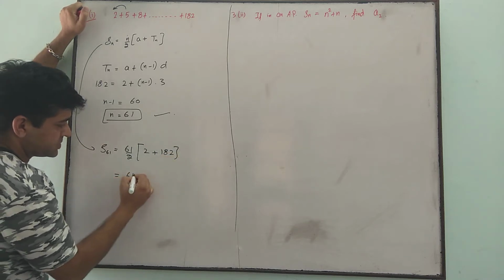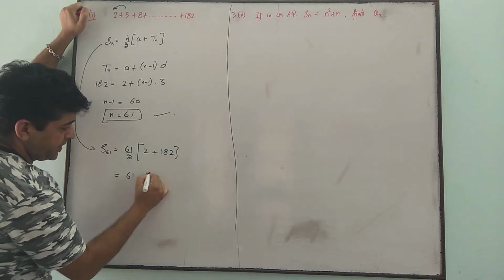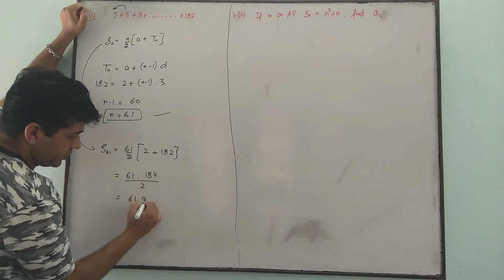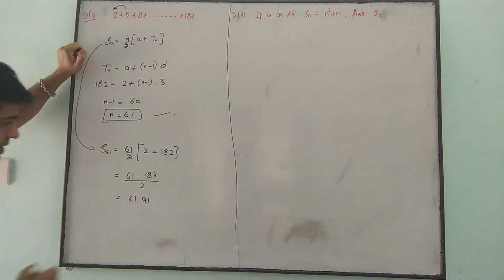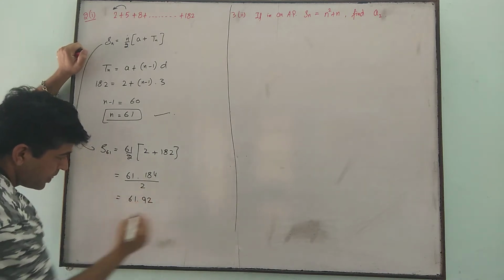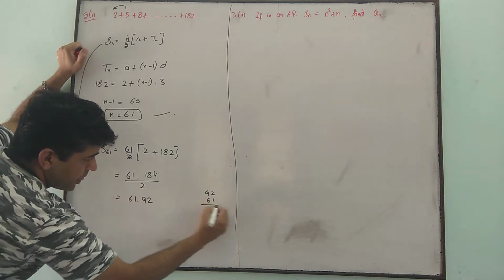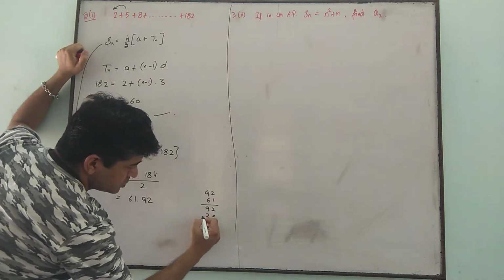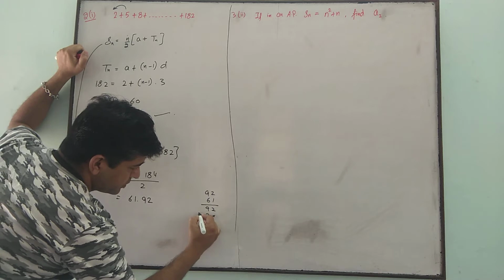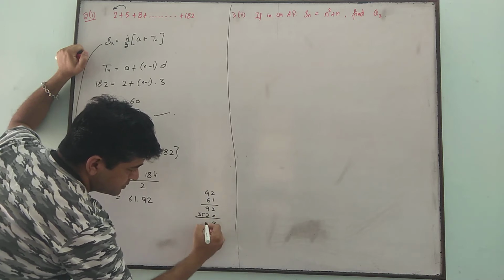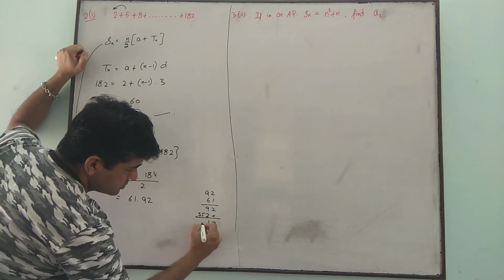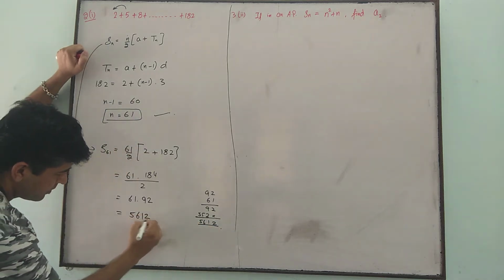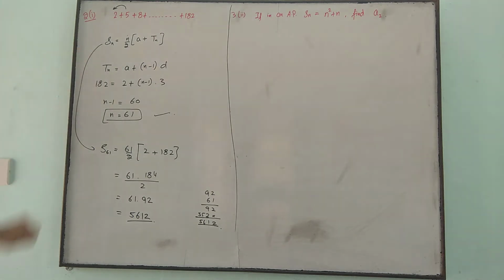So we got 61 into 184 divided by 2. So 61 into 92. So we got 5612.